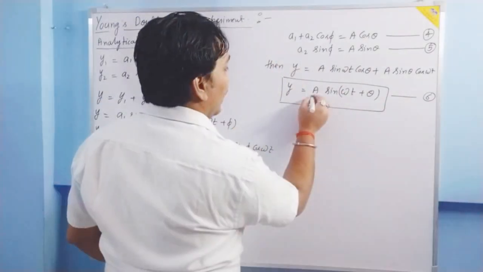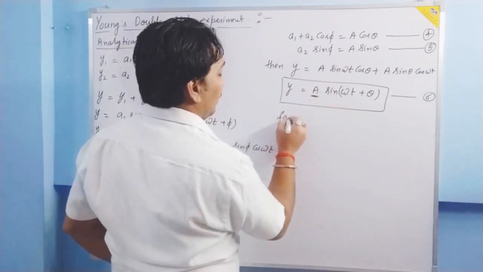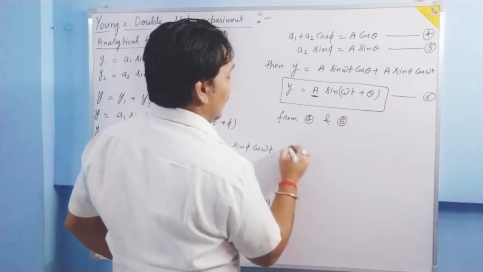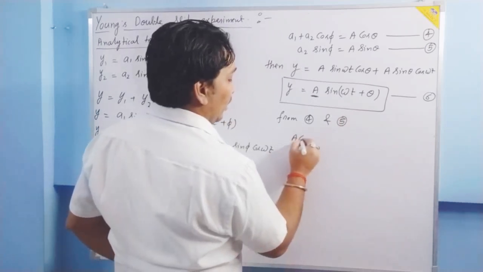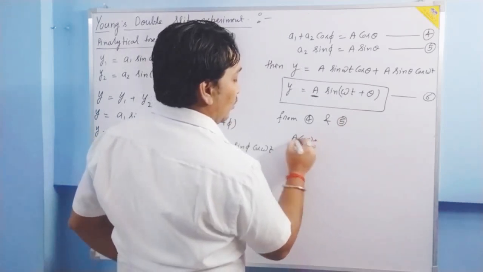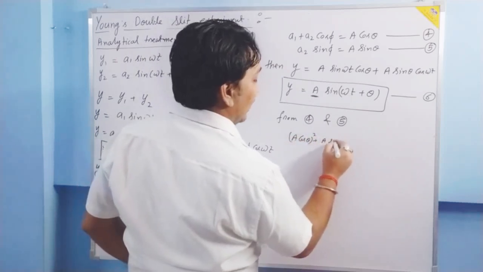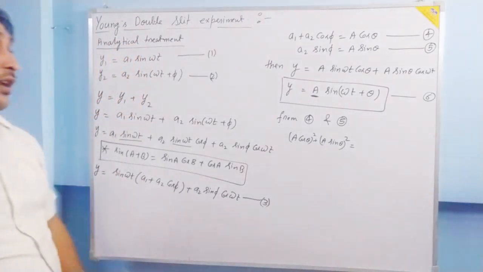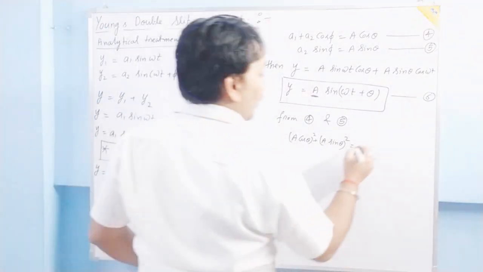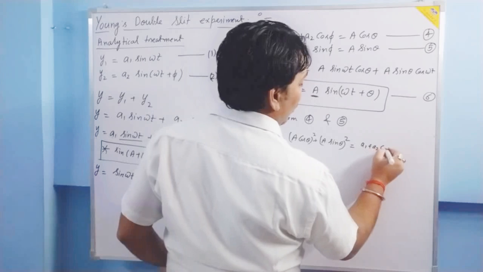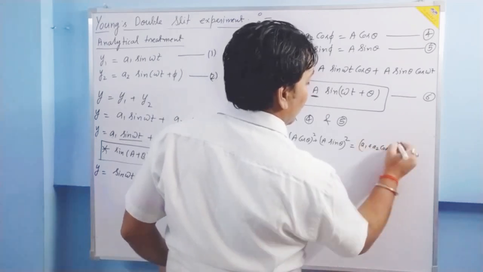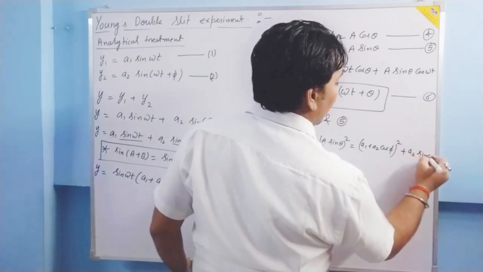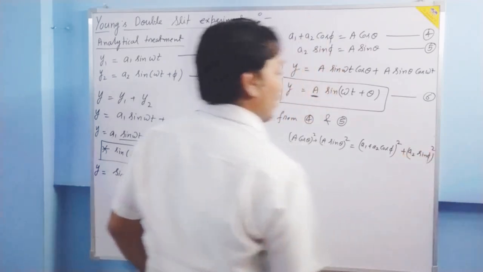Now for A we have to solve. So from 4 and 5, just say A cos theta whole square plus A sin theta whole square. What I am doing is squaring and then adding the equations. We are going to have A1 plus A2 cos phi whole square plus A2 sin phi whole square.